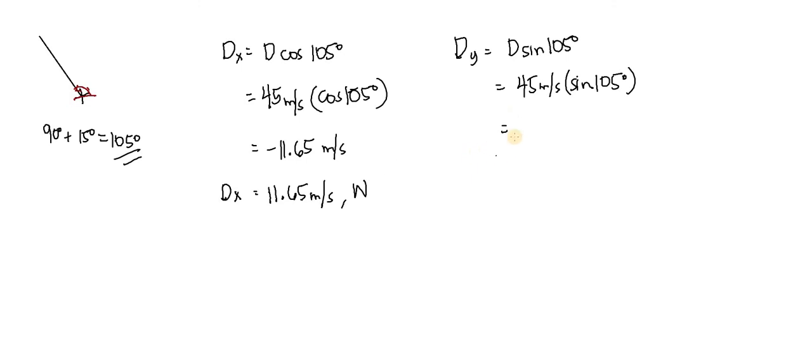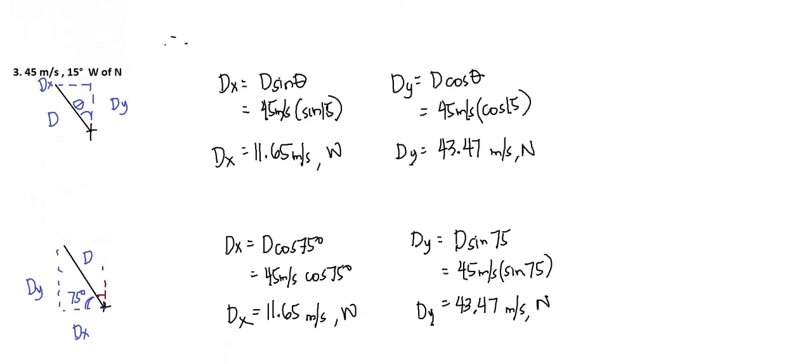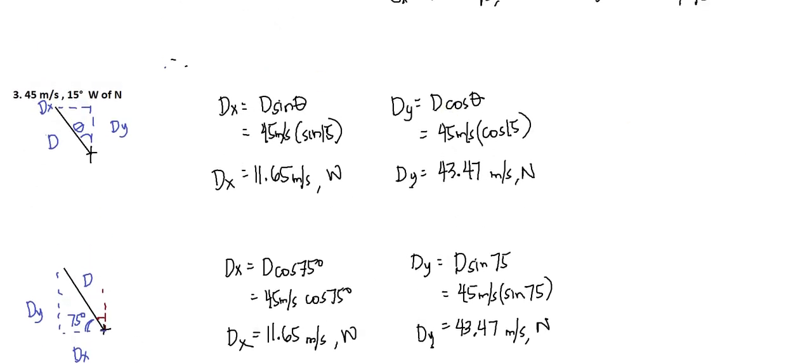Okay, the answer will be 43.47. Okay, that is d sub y. Of course, it's meter per second. And because that is positive, sa y component, the positive is north. So, the direction will be north. 43.47 meter per second north. Ayan, nakuha. So, tatlong method will still give you the same answer.